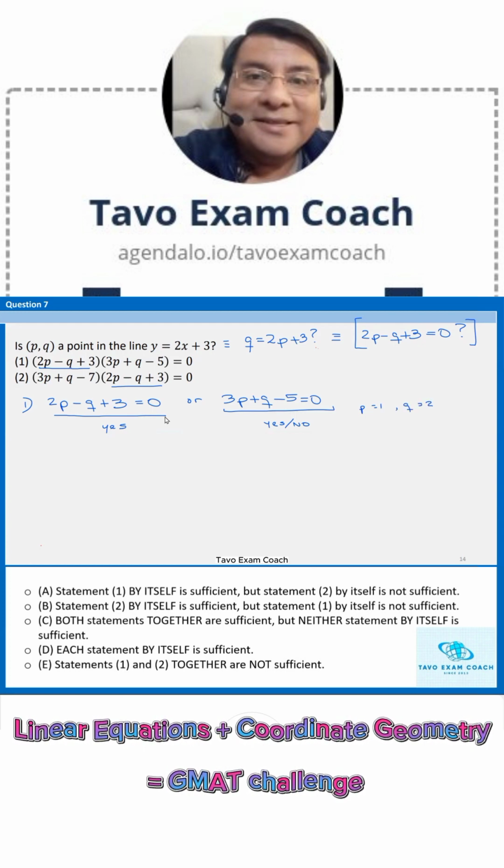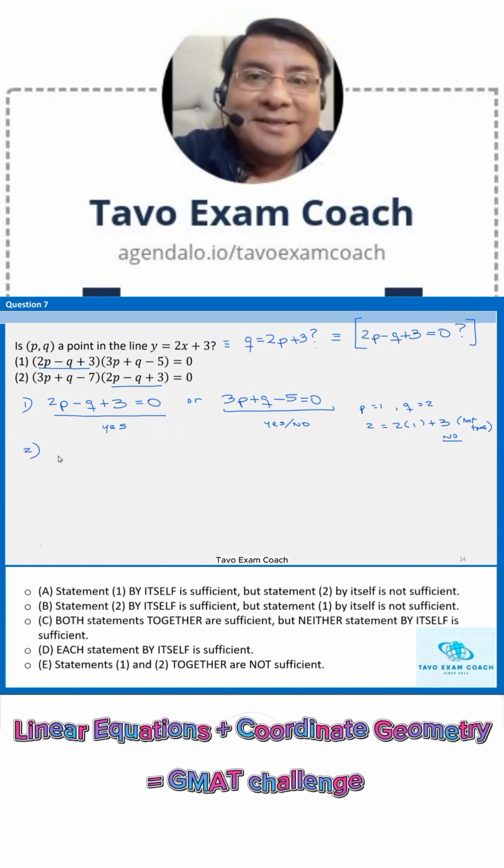You know, 3 times 1 plus 2 minus 5 equals 0, but when you insert this in the equation above, 2 equals 2 times 1 plus 3 is not true. So that means a negative answer to the question. Okay, so we are verifying that there are two possible answers. Statement 1 alone is not sufficient.